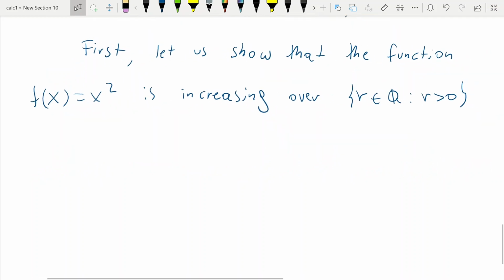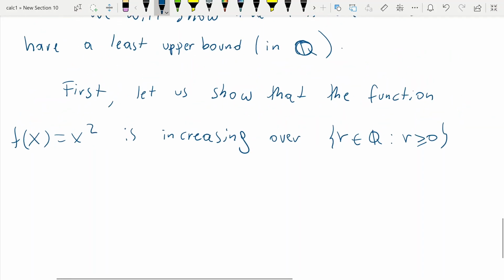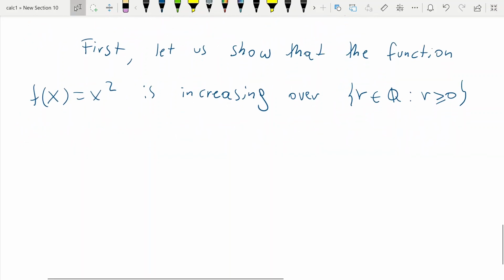It's actually increasing over the non-negative rational numbers, but this will not be of interest to us. So let's show that this function is increasing.